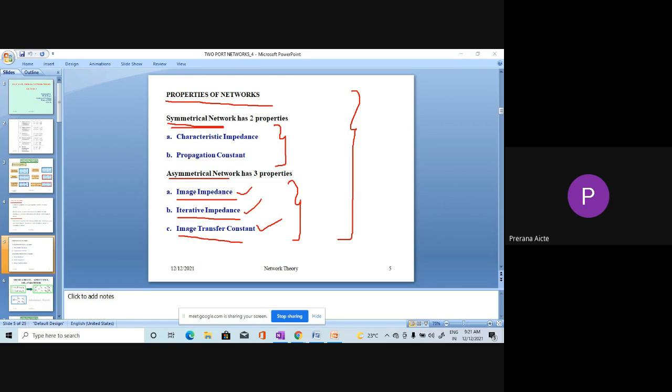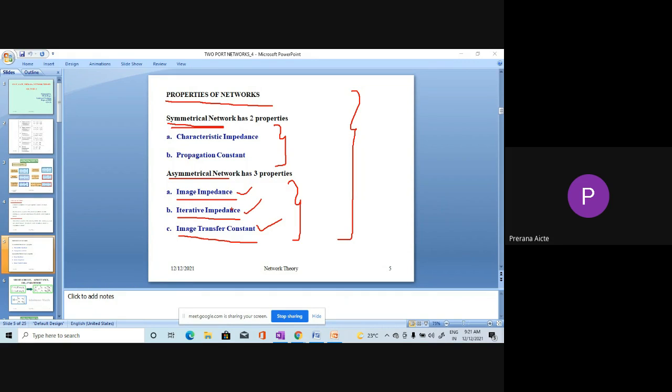How is the image transfer constant calculated? We will see. A little bit of derivation will take place, so try to understand what is meant by image impedance. In order to get the image impedance and iterative impedance, I would like to take some equivalent circuit, as I just told you in the last class.